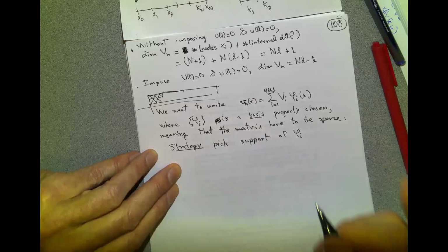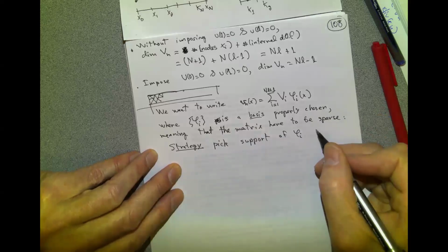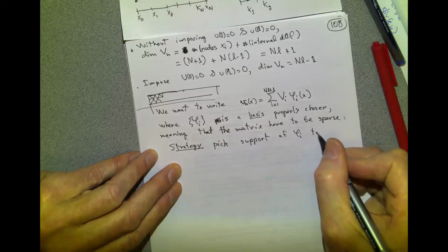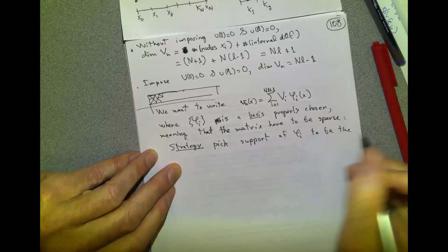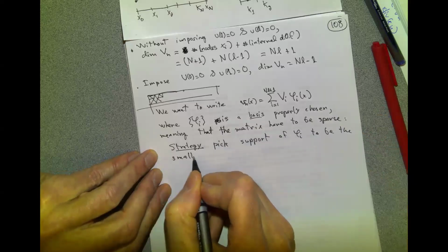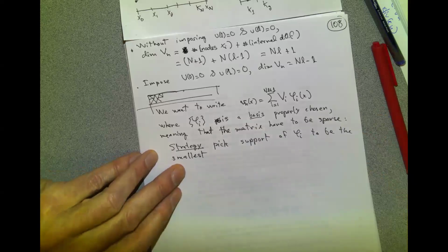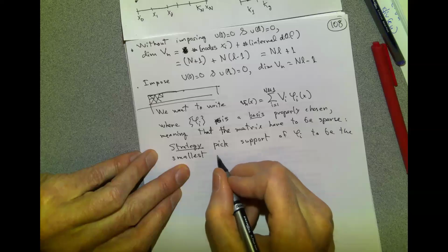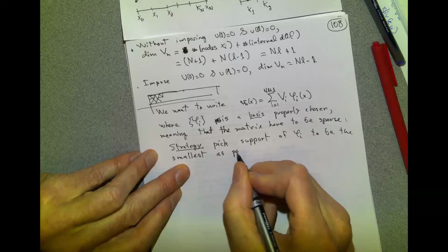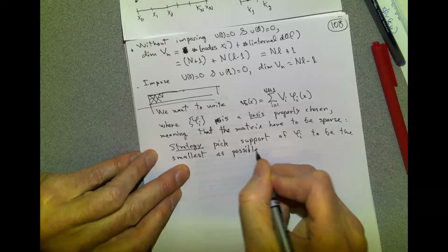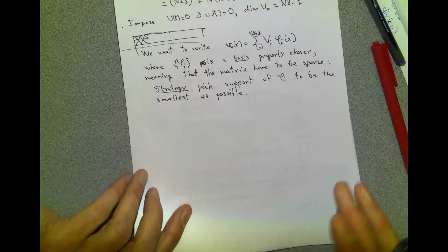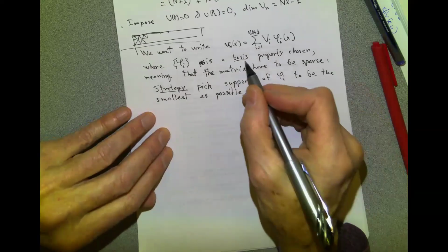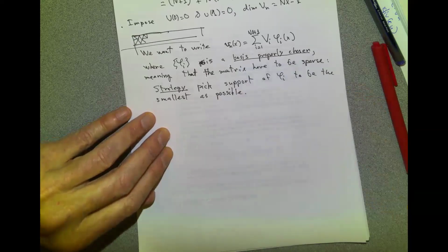That's the set where the function is non-zero, to be the smallest possible. That's the way I will be able to enforce the sparsity of the matrix. That's one condition we want to impose.